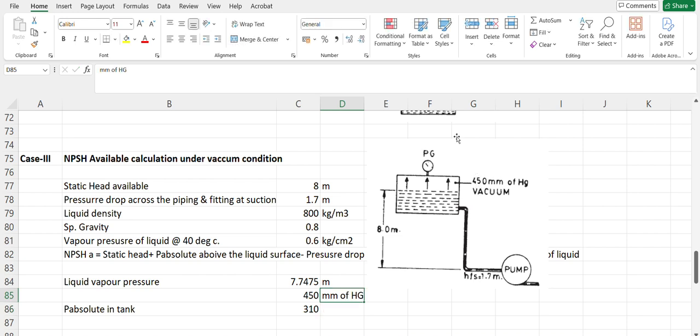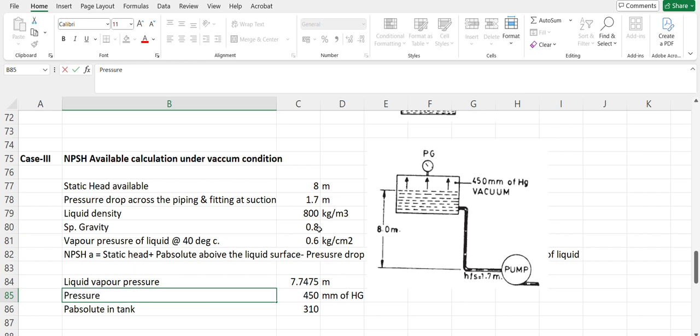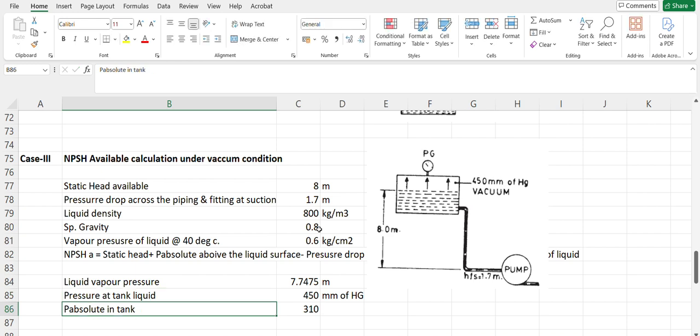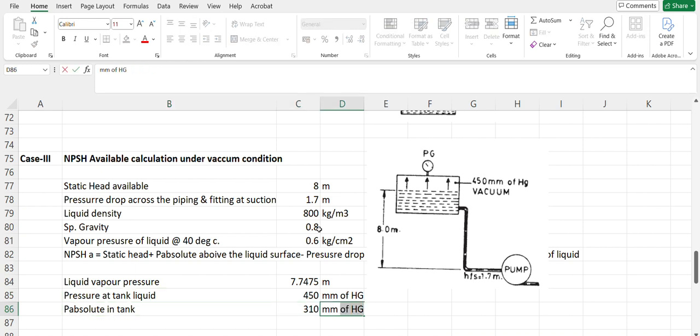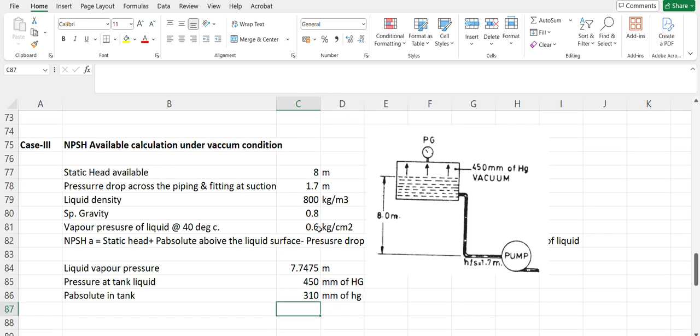That gives the pressure at the tank liquid. So for P absolute, we convert that mm of Hg into meter.